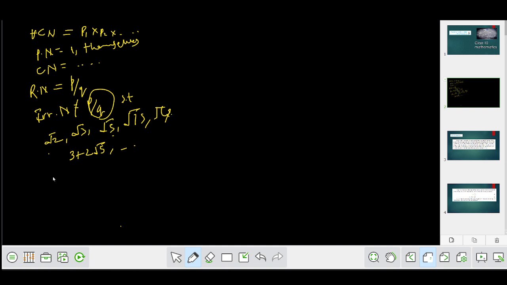Then we have defined the divisibility theorem. If p divides a square, then it will divide a as well.